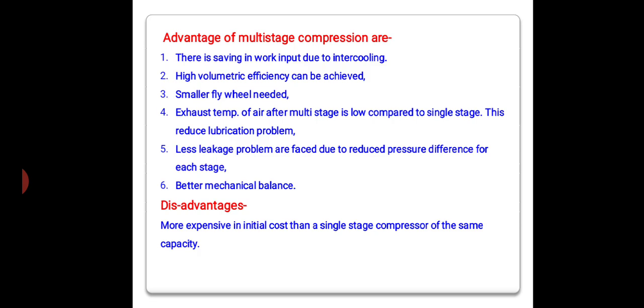The disadvantage is that a more expensive initial cost is required compared to a single stage compressor of the same capacity. This is the only disadvantage, the more initial expense, but after that there are many advantages in multi-staging of the compressor.